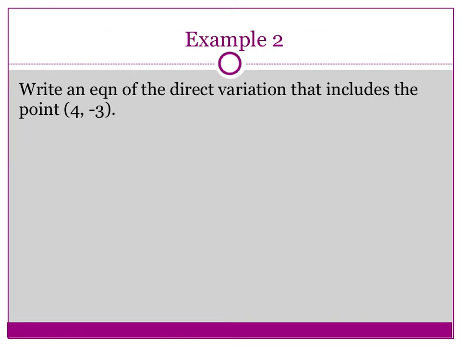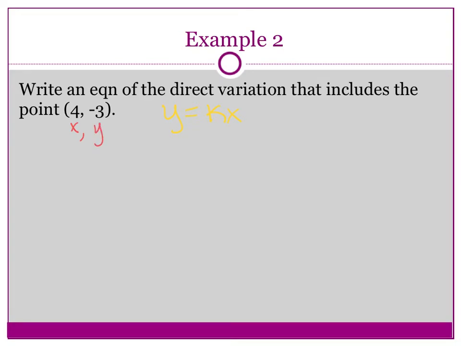So example 2 says to write an equation of the direct variation that includes the point 4, negative 3. So I'm ultimately looking at the equation y equals kx because this is direct variation. Now from my coordinate point, I know that 4 is an x value and negative 3 is a y value.